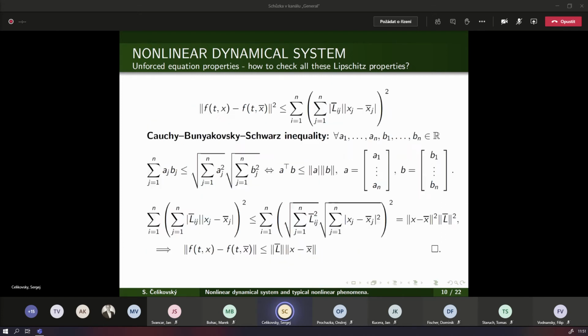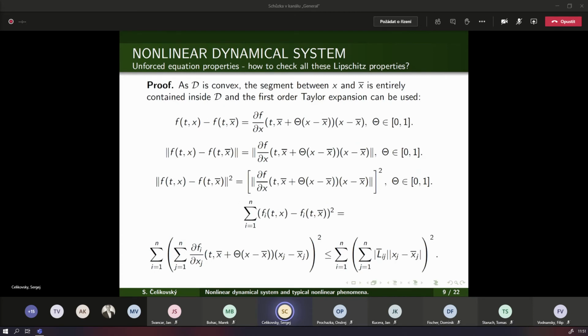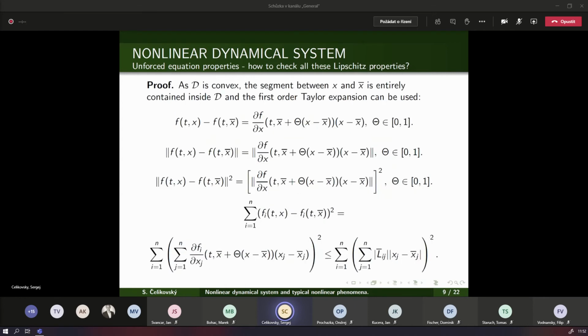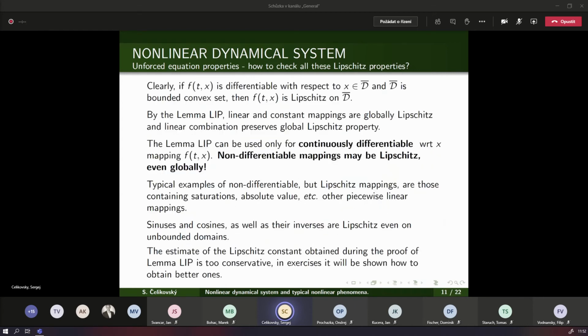So this lemma is good only in some situations, but when you see that the right-hand side is differentiable, then you can use this lemma to conclude the Lipschitz property.